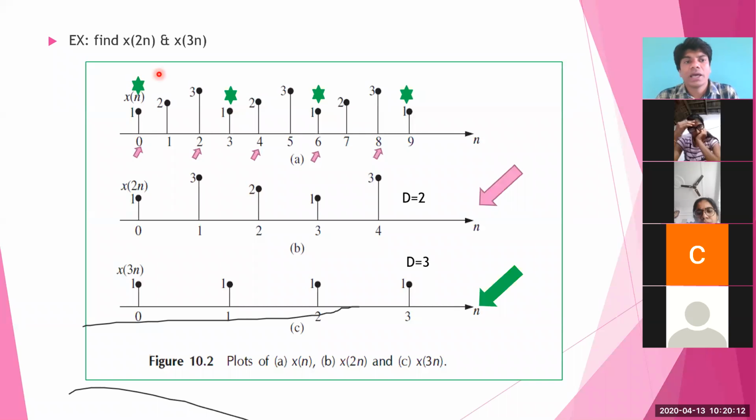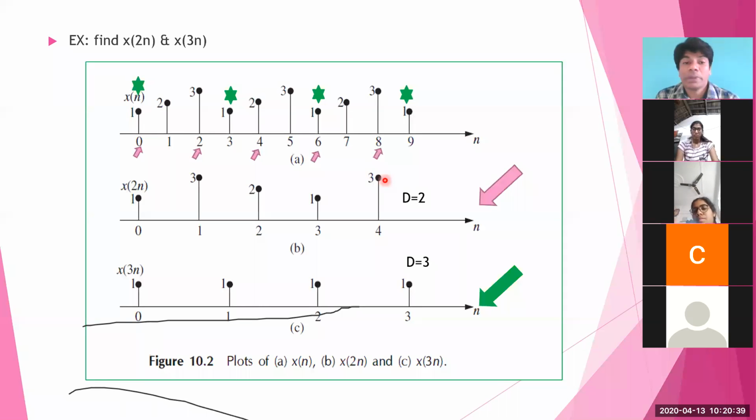The first star sample I'm keeping, and since the decimation factor is 3, I have to drop 2 samples. I'm dropping this sample and this sample. See here, these samples are not here. And again, I am retaining this sample, and again I am dropping these 2 samples. And this process will continue.